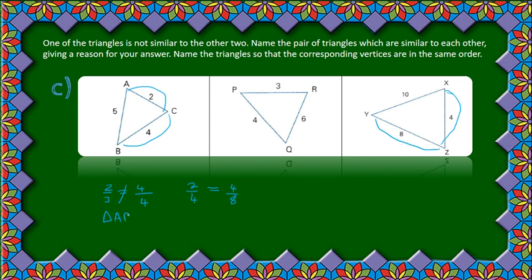Triangle ABC is similar to triangle, and our proportions were AC over XZ, so this is XZ, and then from there CB, so the Y would be last.